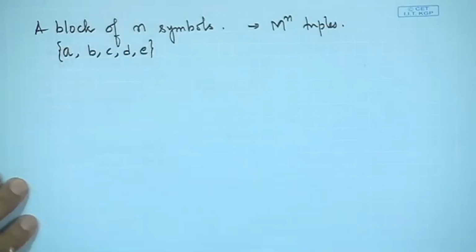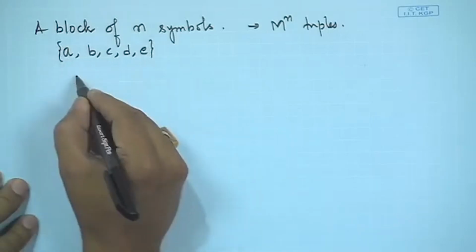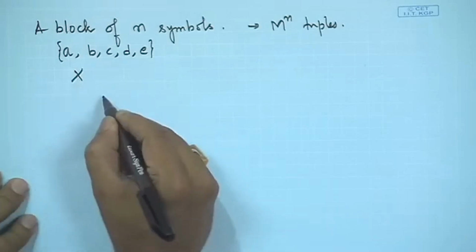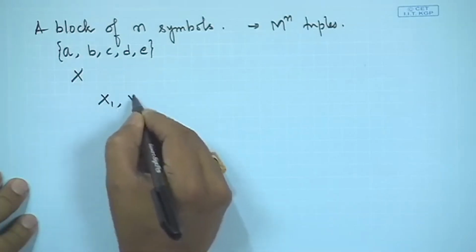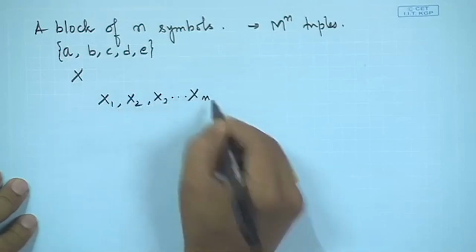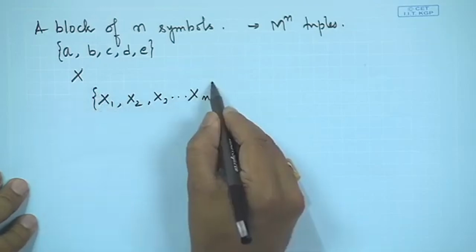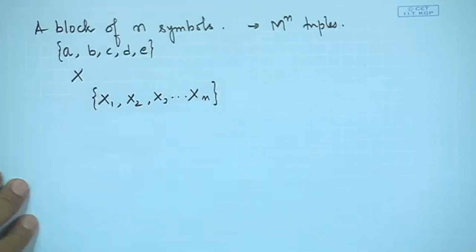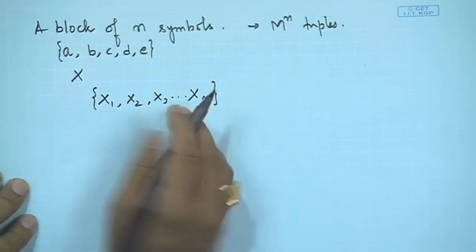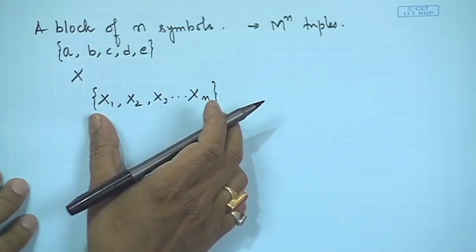We have taken this particular example and we send one symbol at a time. Now, we say that let there be x1, x2, x3 up to xn, let this be a tuple. So, this is an n tuple because there are n symbols. So, this forms one block of symbols.